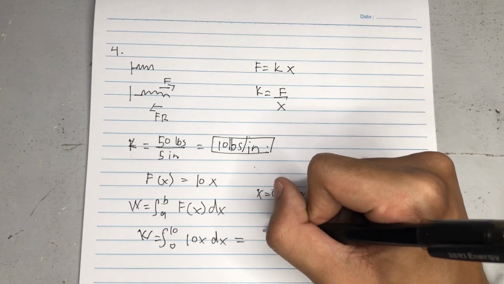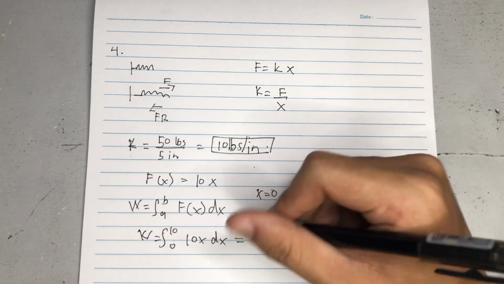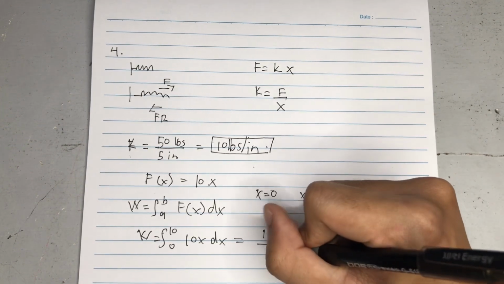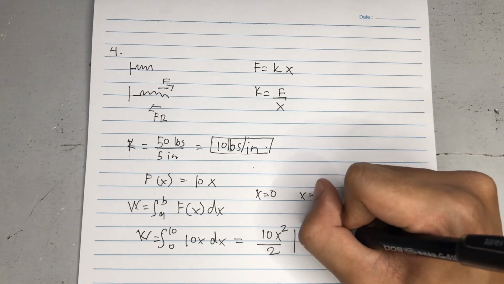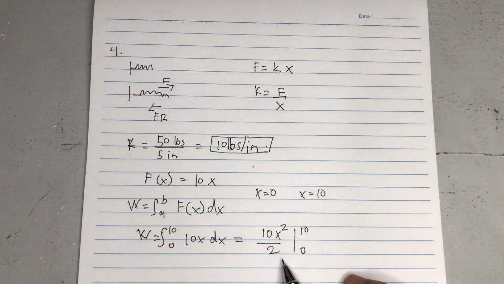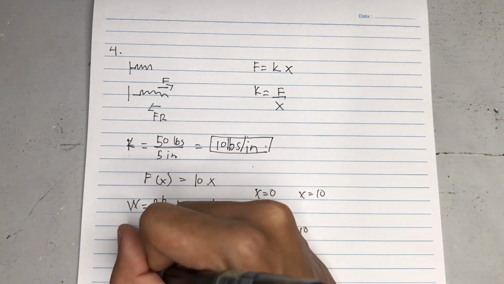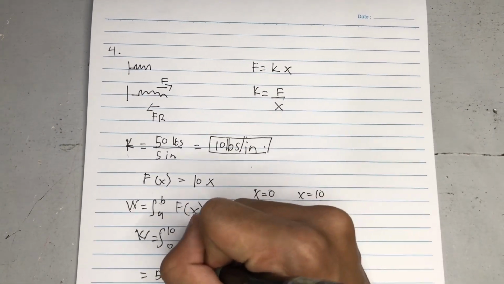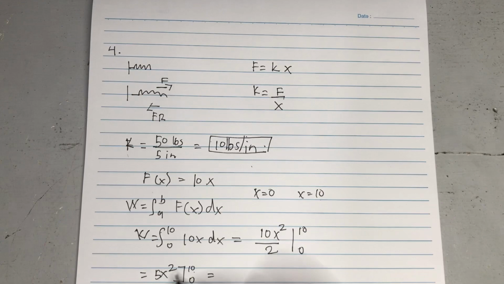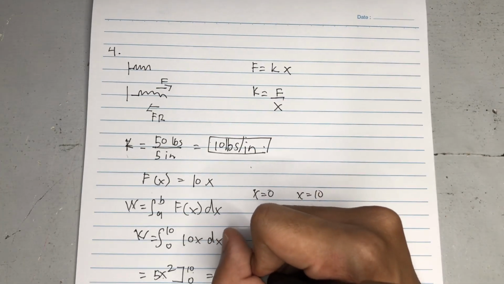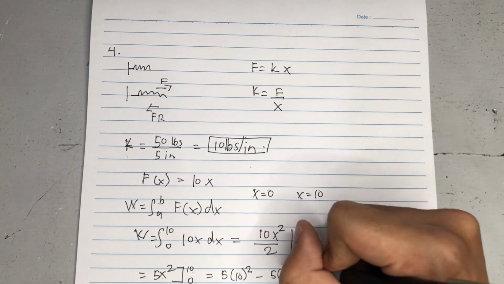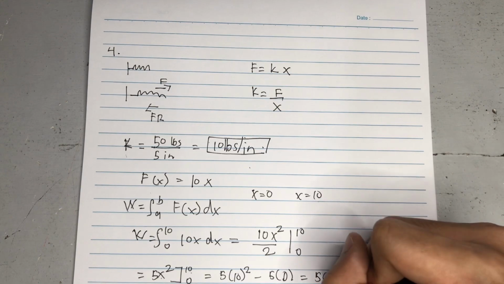Pag nakuha ng ganyan, guys, integral ng 10x is 10x squared over 2. Pag dinivide mo, magiging na lang siyang 5x squared from 0 to 10. Tapos, pag sinubstitute mo siya, 5 times 10 squared minus 5 times 0, which is 5 times 100.